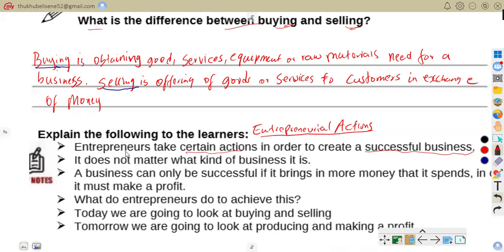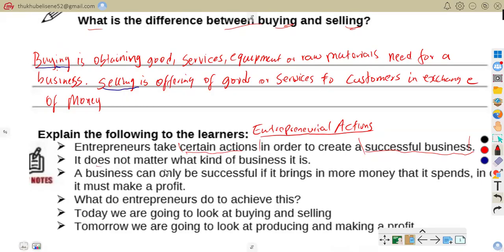That is the only way that they can be successful.